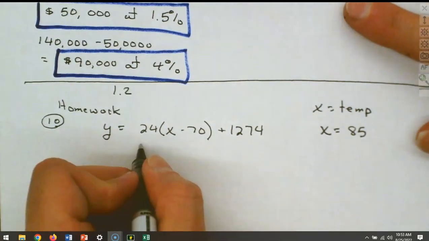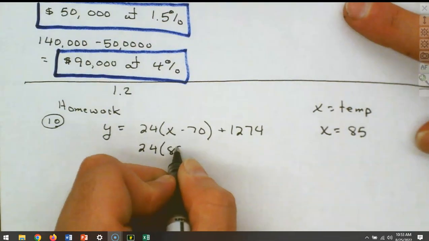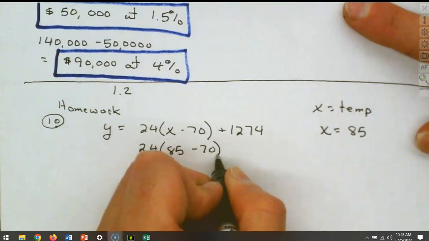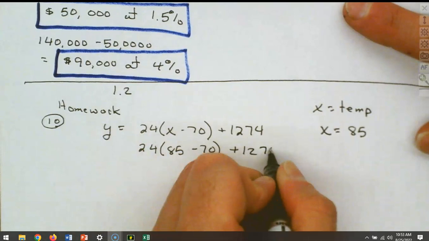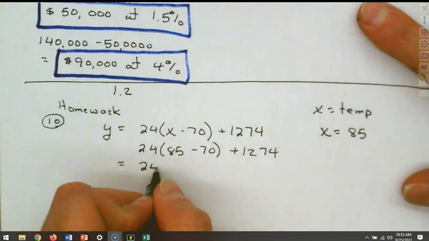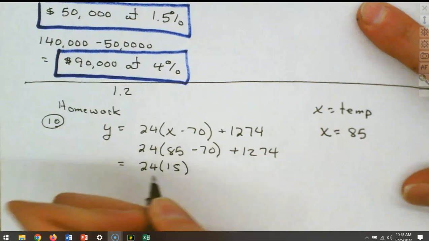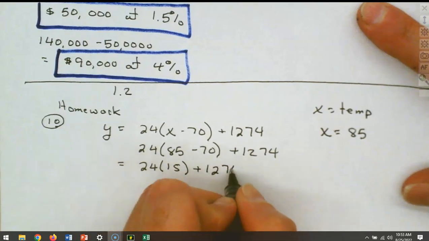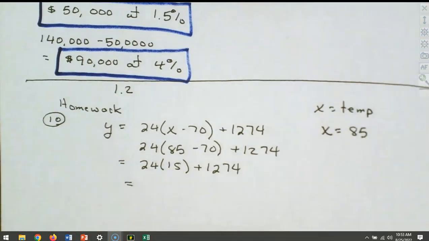So we plug in our 85. And then we'll work this out quickly here. That gives us 24 times that 15 plus 1274. And we add those together.